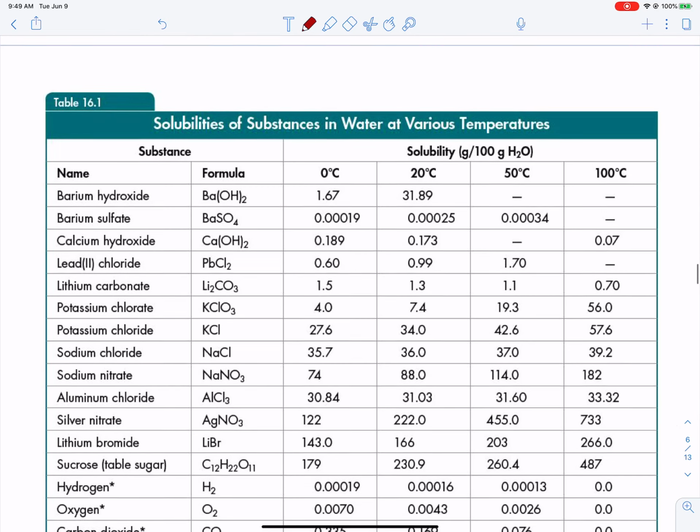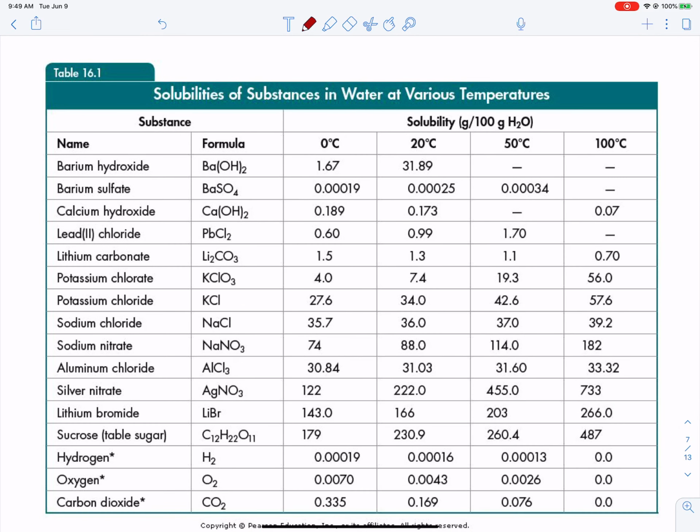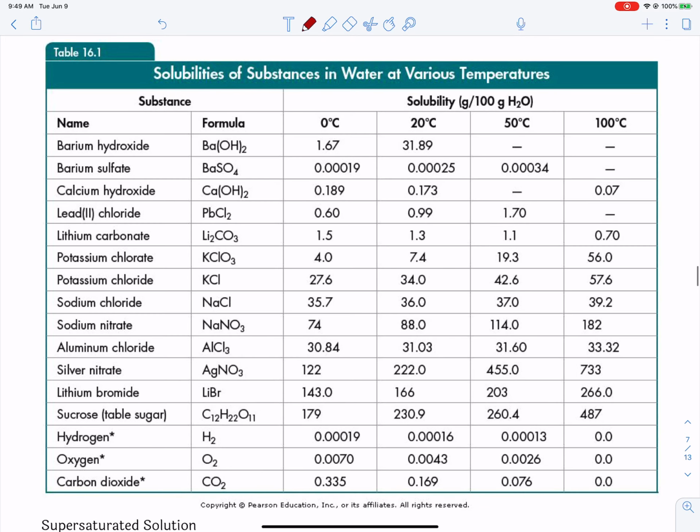On the next page, you see a big data table that has a lot of data on this, and you can see some of the trends that we wrote about on the previous page. That in general, as the temperature increases, the solubility increases.